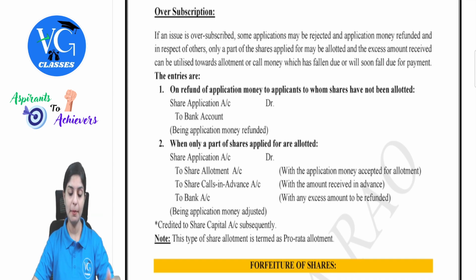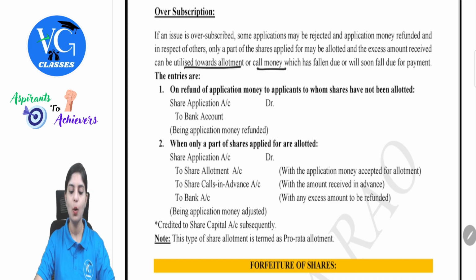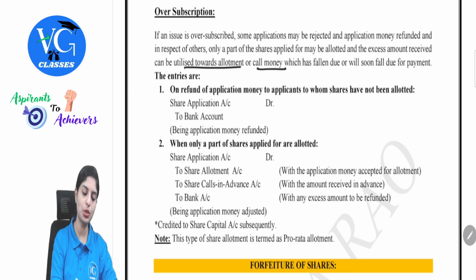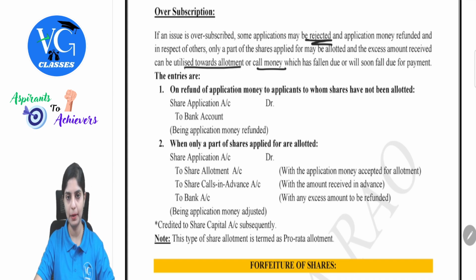First, some applications may be rejected and application money refunded in respect of others. Only a part of the shares applied for may be allotted, and the excess amount received can be utilized towards allotment or call money which has fallen due or will fall due for payment. Both situations are given: one with respect to rejection, another proportionately applying.